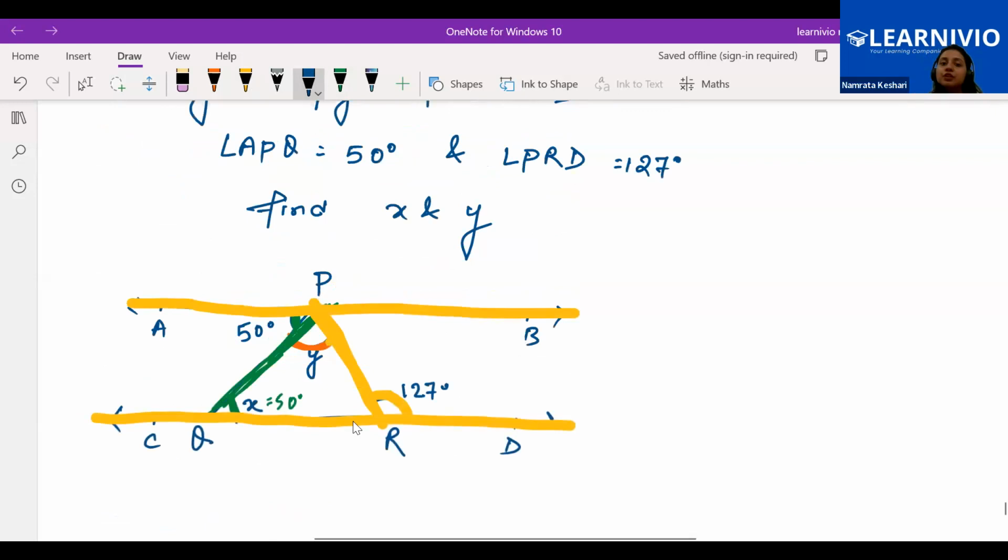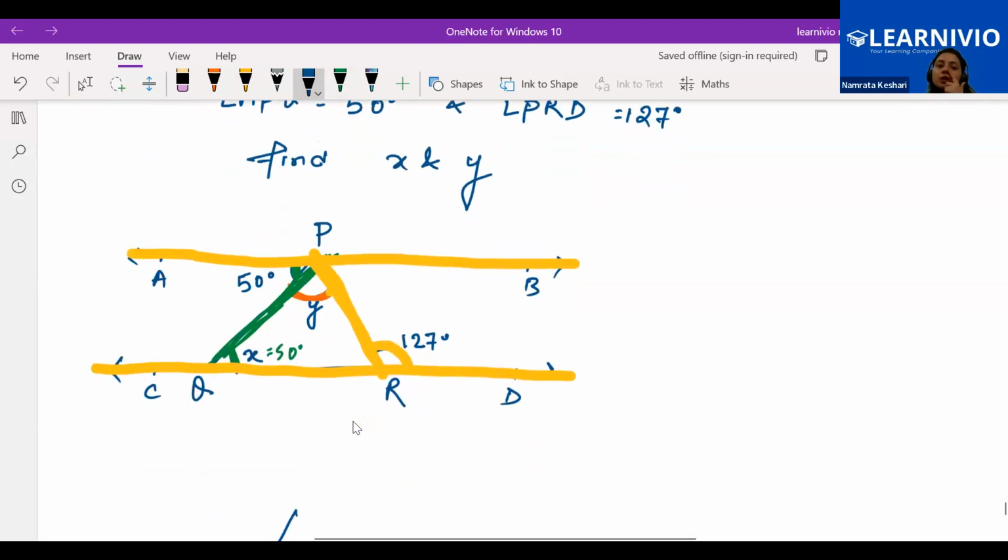But here if you focus on angle Y, that is not touching the other parallel line. Can you see? Only this much is Y, yes ma'am. It must start from here and touch the line AB. Then only we can say what I'm trying to say.